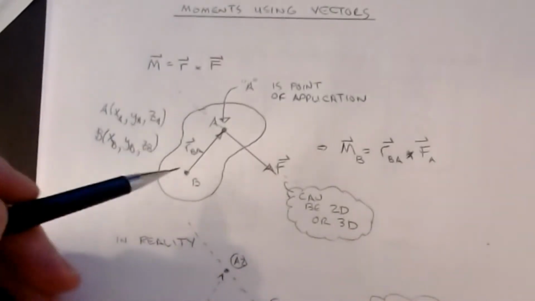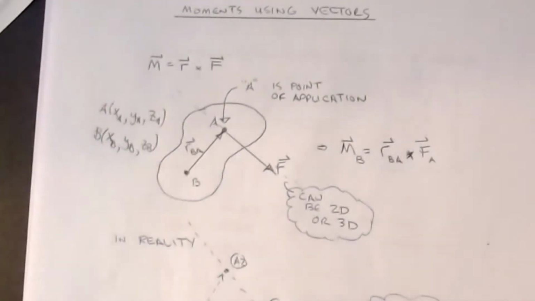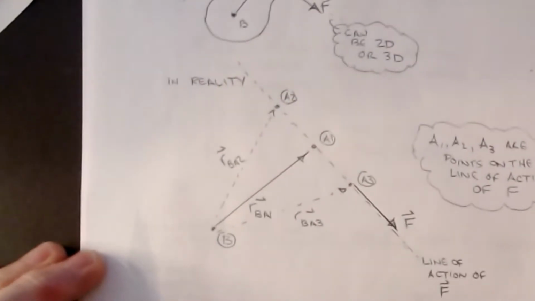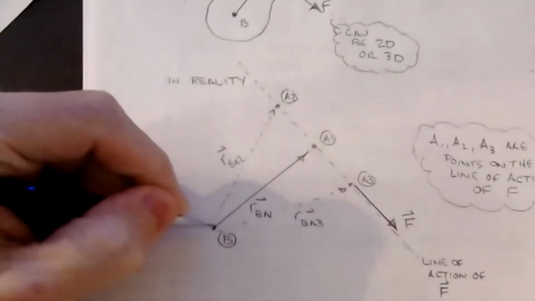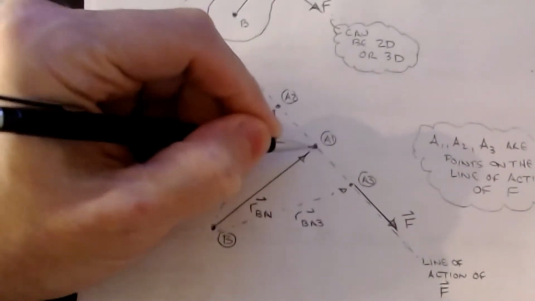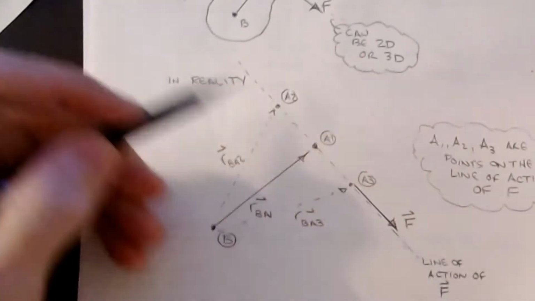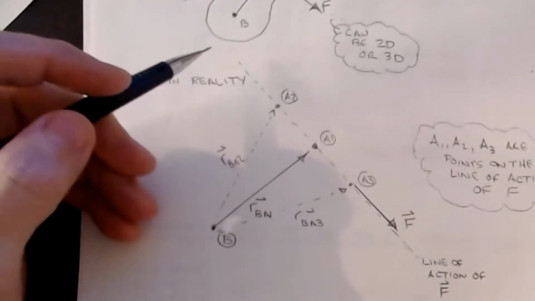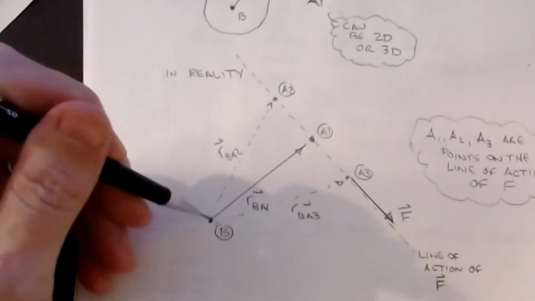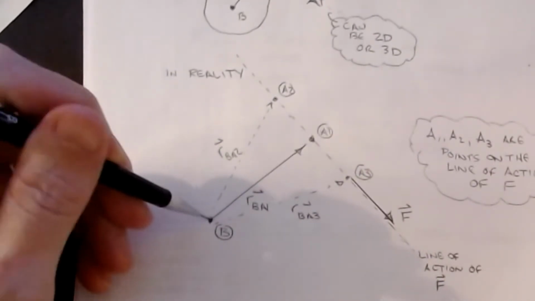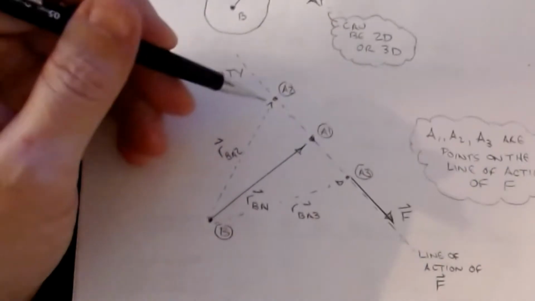Now, in reality, this is just one case. If I take a look at the same situation, let's say that this is my point B, and this was my point A, and my force is somewhere along this line like we had before. It turns out that I can compute the moment at B not by just going from B to A. I could go to any point on the line.